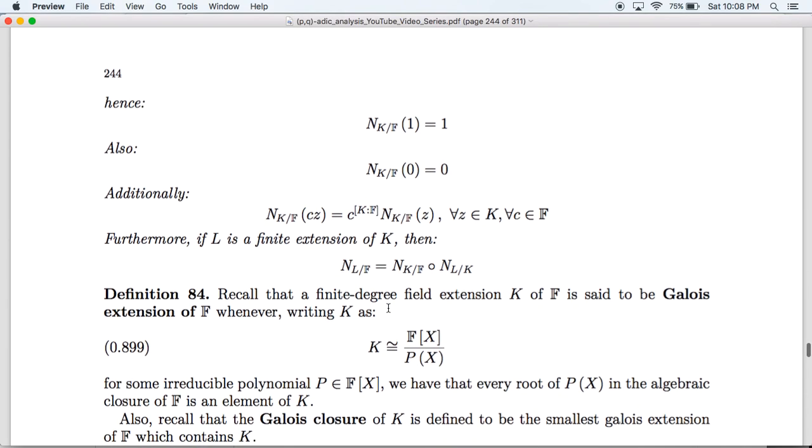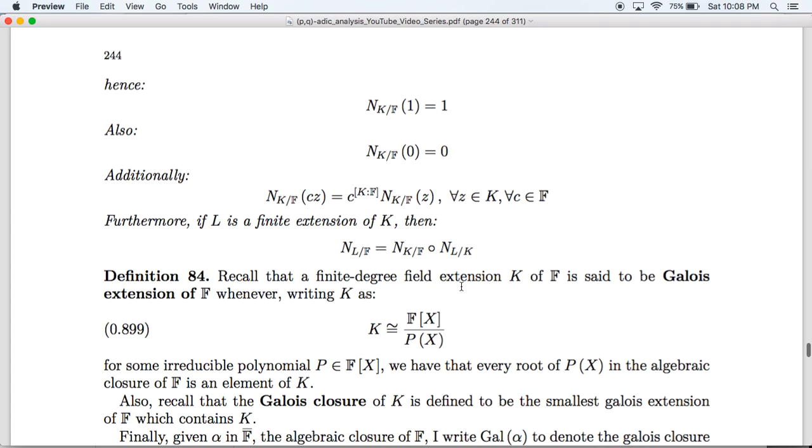Now, just a bit of Galois theory. Recall that if we have a finite extension K of F, we say that it is a Galois extension if, when we write K equals F[x] mod p(x) for an irreducible polynomial, every root of p(x) in the algebraic closure of F is an element of K. So examples of Galois extensions are cyclotomic extensions.